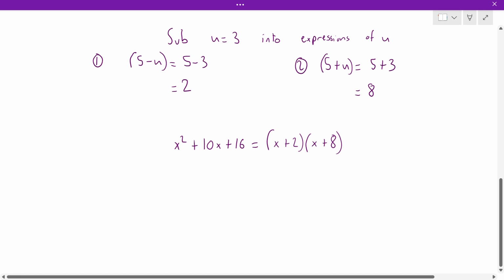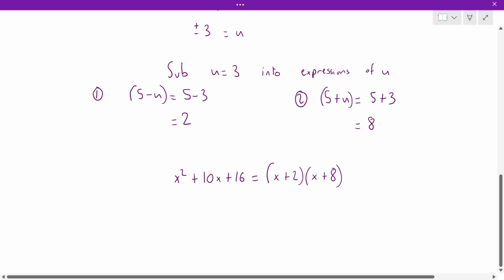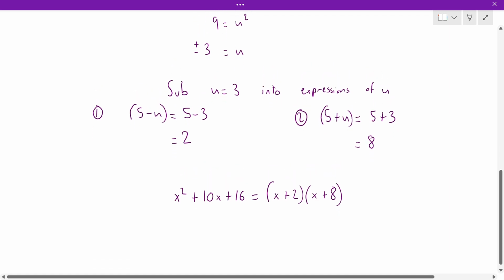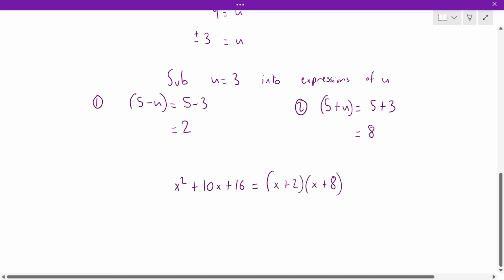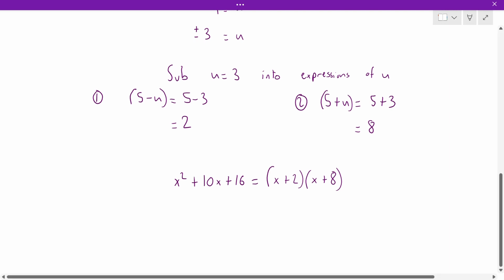So there we go. Today's video is not a full explanation, but rather just the process of solving it once you've got the basics down. The factorized version of x squared plus 10x plus 16 is equal to x plus 2 times x plus 8.